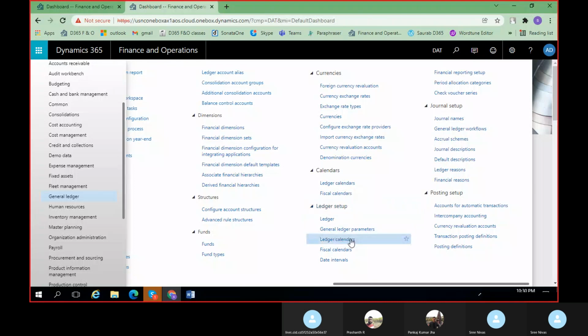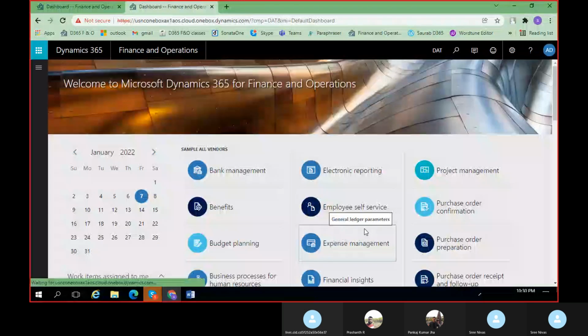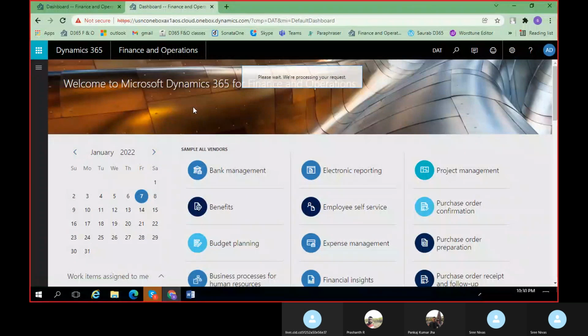One thing you should remember: in each and every module, there will be parameters. Under accounts payable, there will be accounts payable parameters. Under accounts receivable, accounts receivable parameters. Let me just open this general ledger parameters and show you, because in order to configure or to perform any transactions in any module, we'll have to configure here.